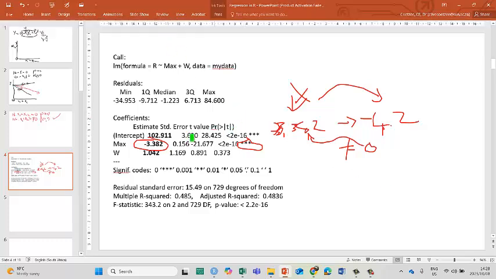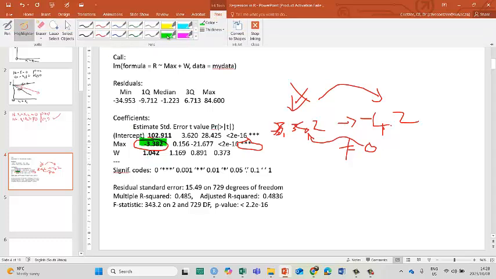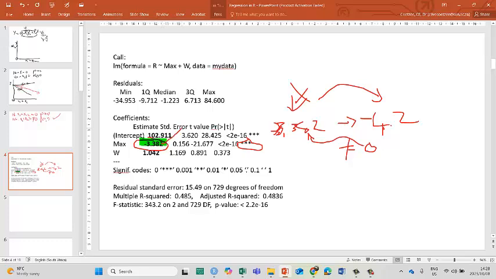That's why we need to make sure that these coefficients are actually what they are supposed to be.